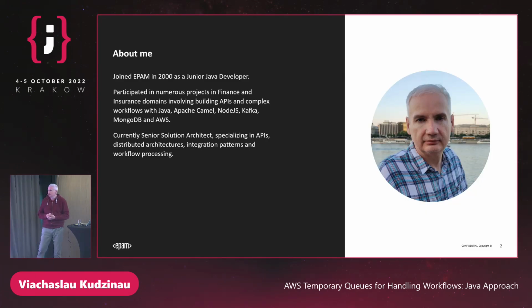So before we start, a couple of words about me. I joined EPM a very long time ago, starting as a junior developer, and I participated in numerous projects in finance and insurance domains. I was building APIs using different popular and not so popular software like Java, Apache Camel, Node.js, Kafka, MongoDB, AWS.